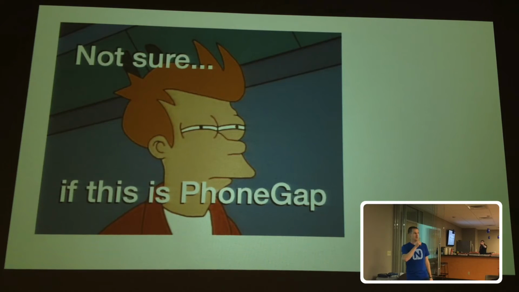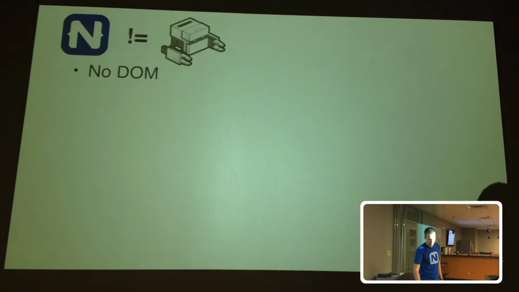Some of you might be thinking, oh, PhoneGap lets me do that. Xamarin lets me do that. It's not the same thing. In PhoneGap, and I'm not a PhoneGap pro either, you need to run inside of a web page essentially. Everything gets put into a web page, and then that web page is rendered on your device.